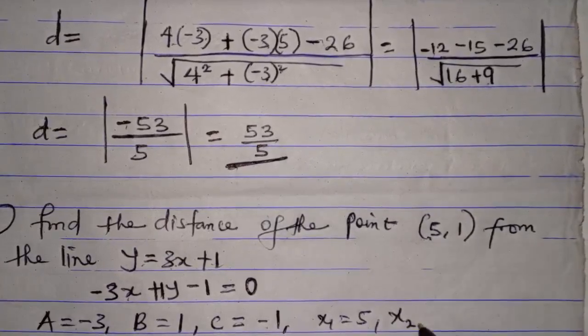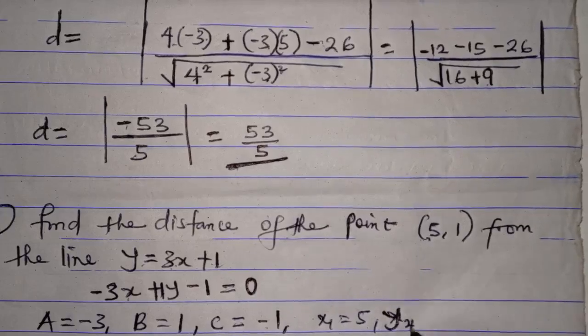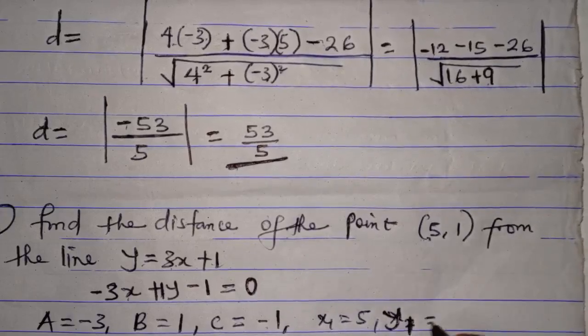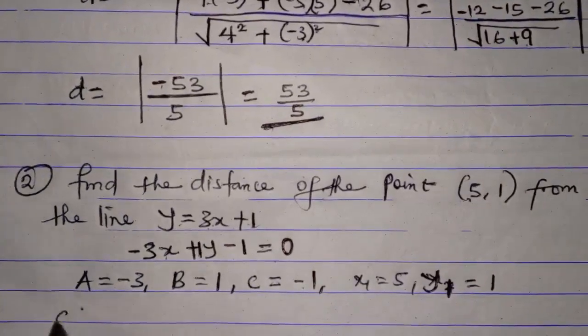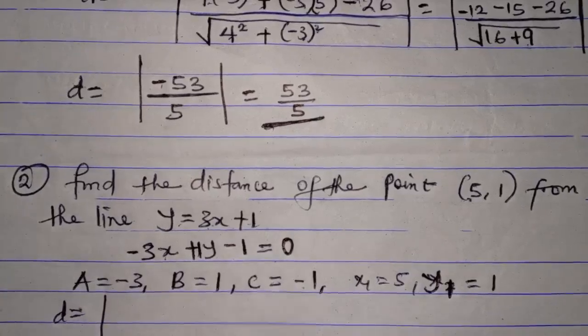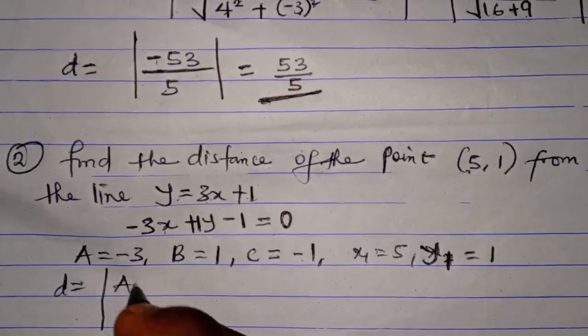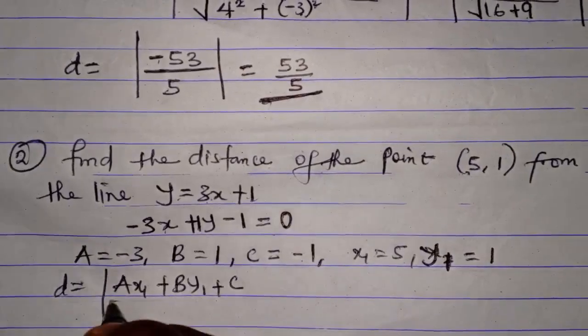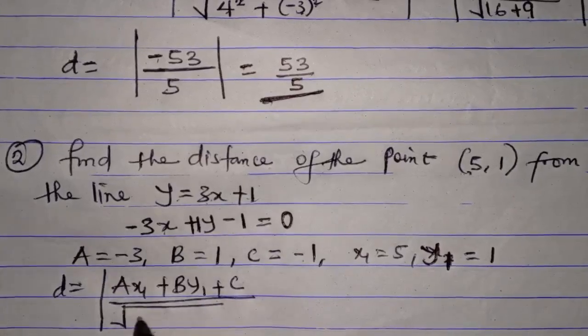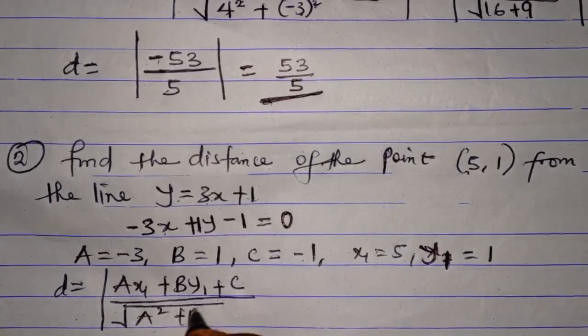and y1 is equal to 1. So the formula says the distance is the modulus of ax1 plus by1 plus c divided by the square root of a squared plus b squared.